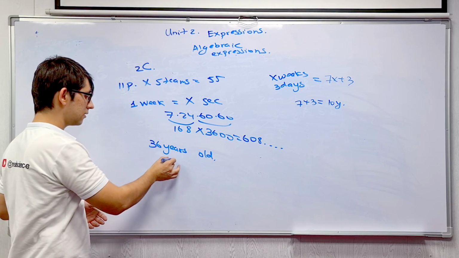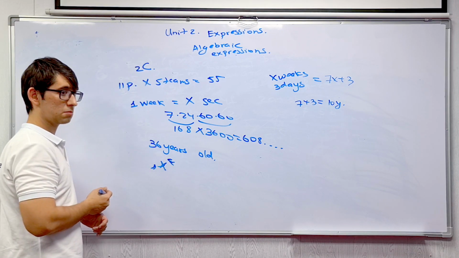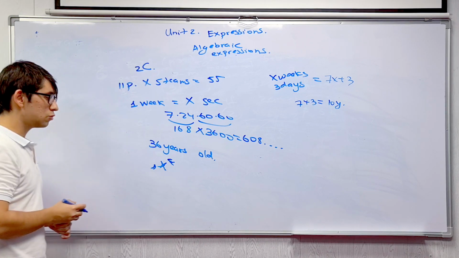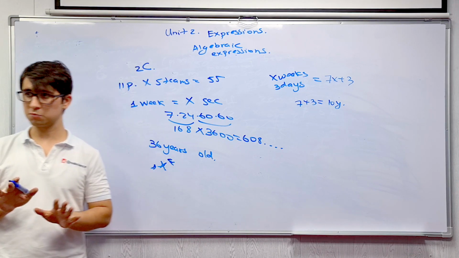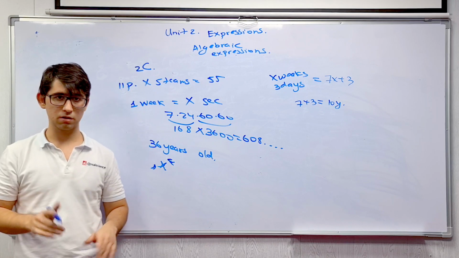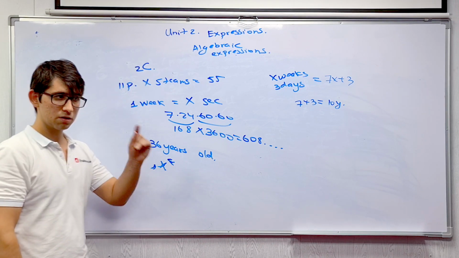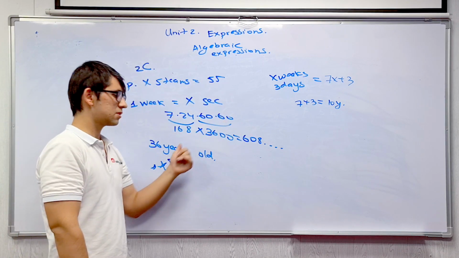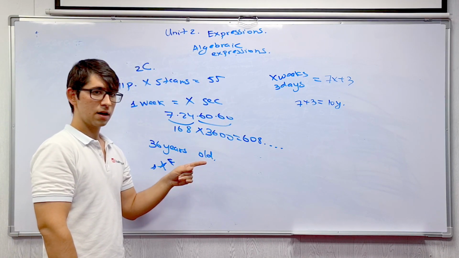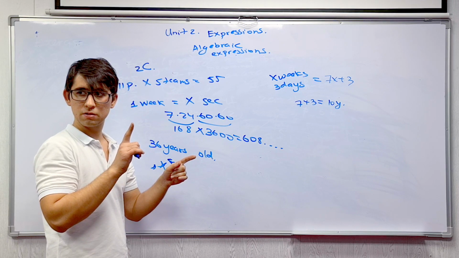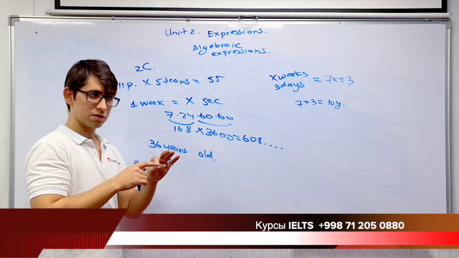Find after how many years it will happen. You only know the current age of the father, and you have to find after how many years it will be 3 times. Your answer will not be a numerical expression. It will be an algebraic expression.